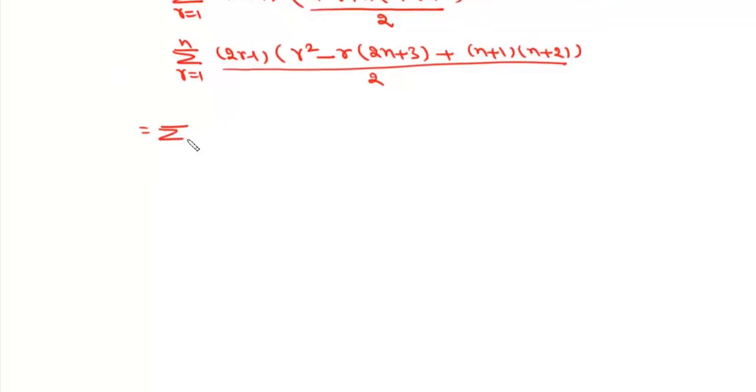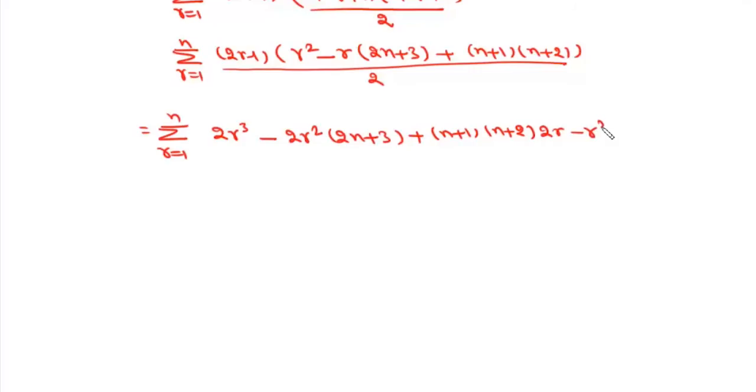Now we can further expand it as the summation r varies from 1 to n, and there will be 2r cube minus 2r square(2n plus 3) plus (n plus 1)(n plus 2) into 2r, and then minus r square, plus r(2n plus 3), and minus (n plus 1)(n plus 2), whole divided by 2.